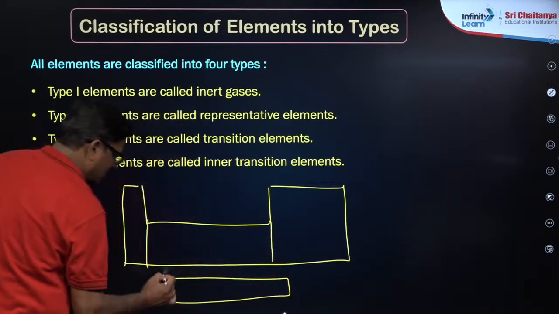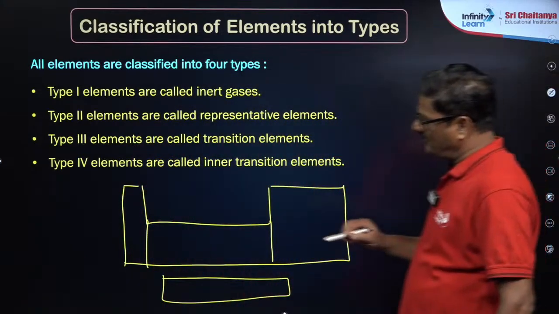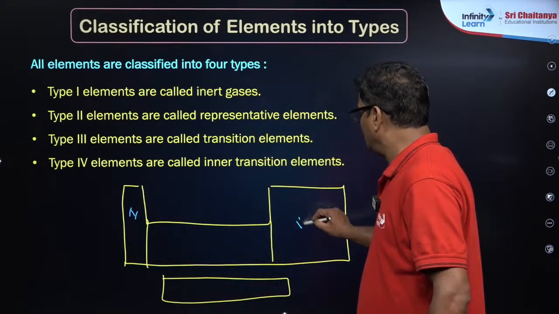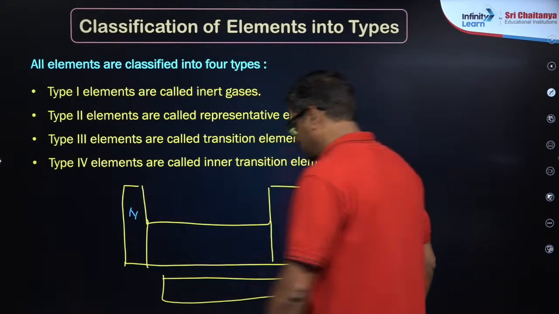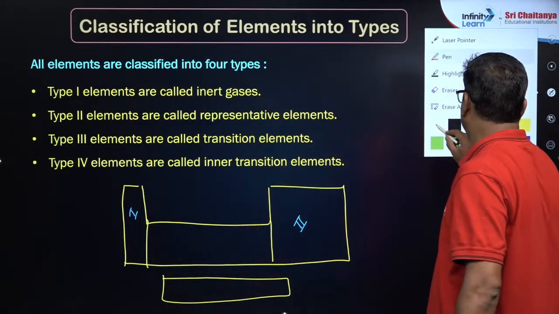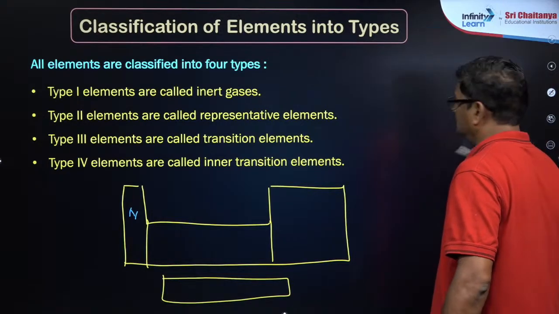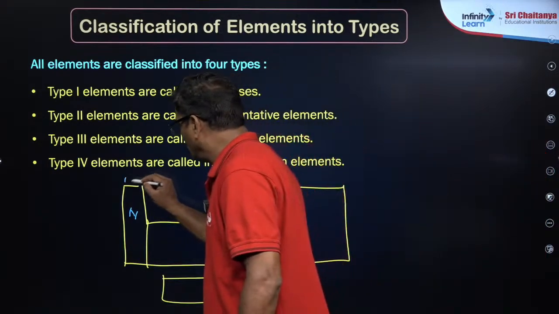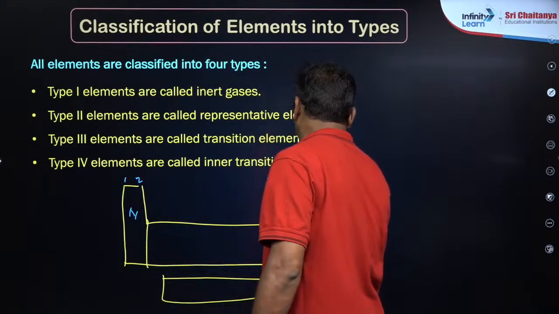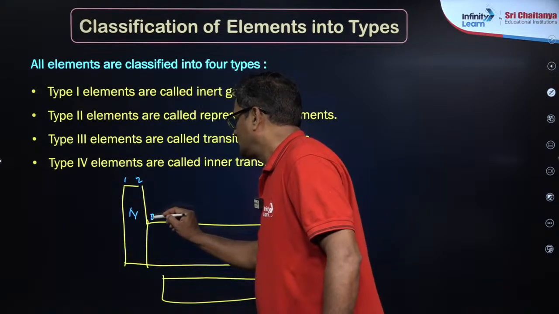In the entire periodic table, I just want to make a note over here. These elements are called type 1 elements. Group 1, 2, 13, 14, 15, 16, 17, 18 and 3.